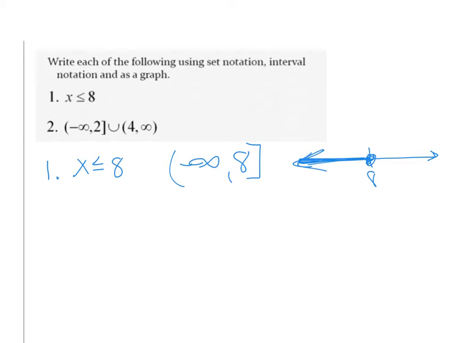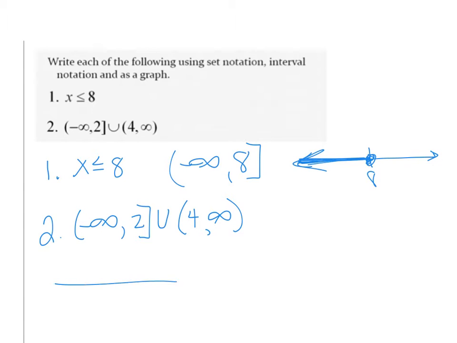All right. Number 2 is already in interval notation. It says go from negative infinity to 2, include 2, then jump up, don't include 4, and go to infinity. So this time I'm going to start with the graph. So here's my graph, and here's 2, and here's 4. And on here I'm going to include 2 and go this way.